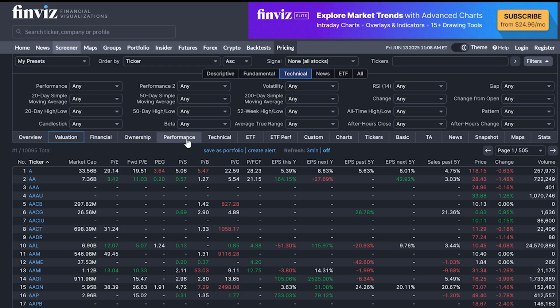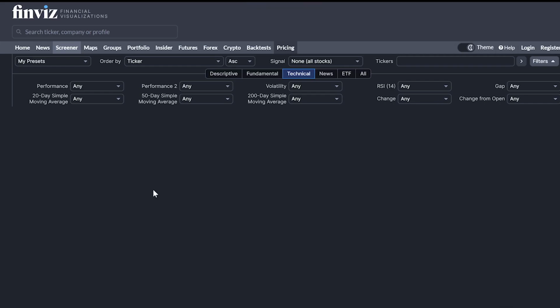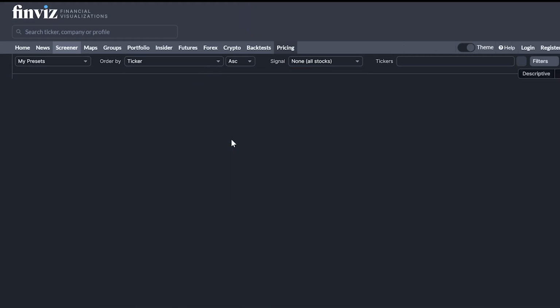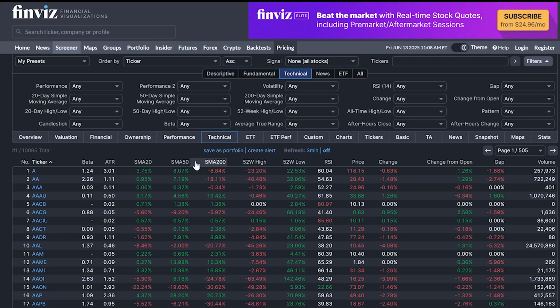You can also look at performance data: how a stock has performed in the past week, month, its volatility, its average volume, and its relative volume. And then there's technical data. This is giving you information about a stock's beta, its moving averages, its RSI, and more. This is just a really nice way to quickly get different views of a stock depending on what's important to your strategy.